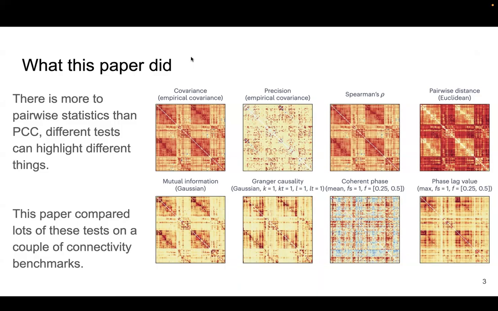There are many families of different tests that can estimate different things, work in different domains and use different data. So what this paper did is take a lot of different tests, categorize them into different families, and compare them on the FNC derivation on the HCP dataset.